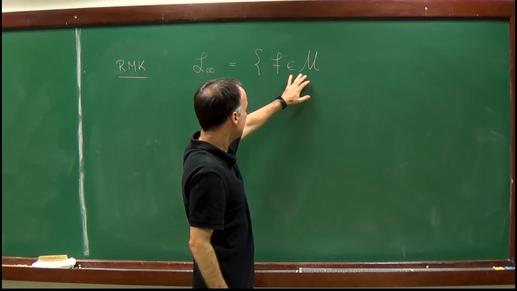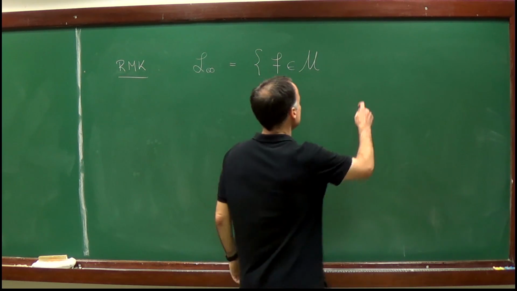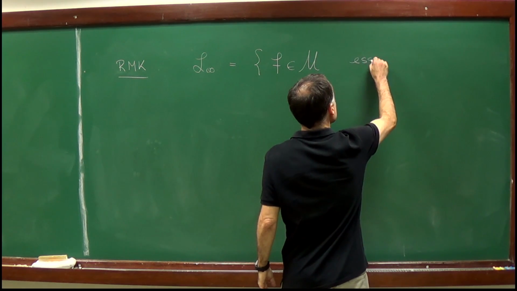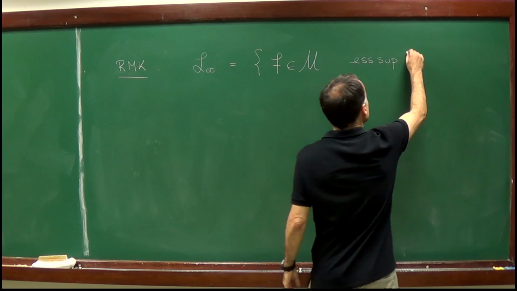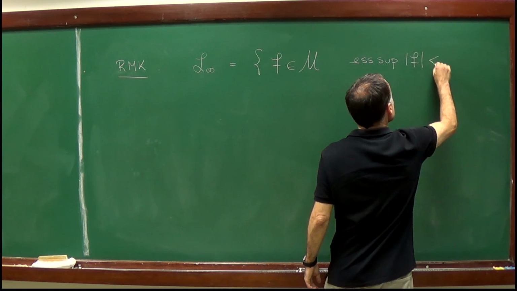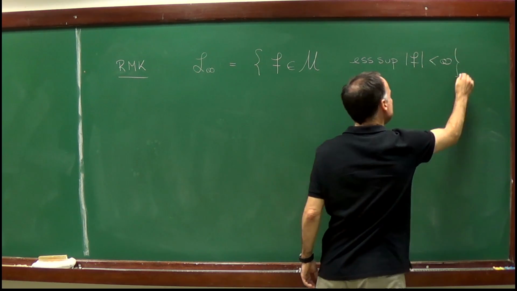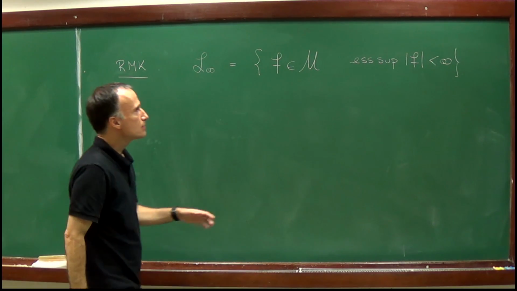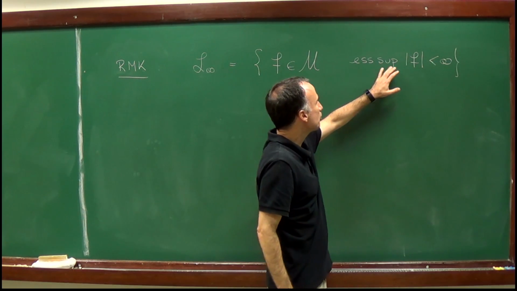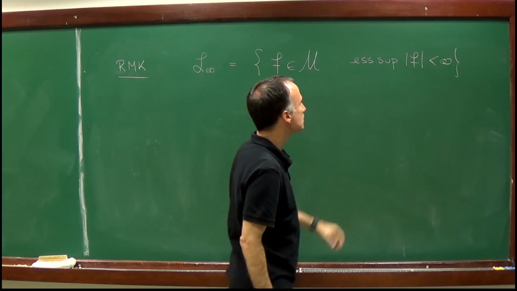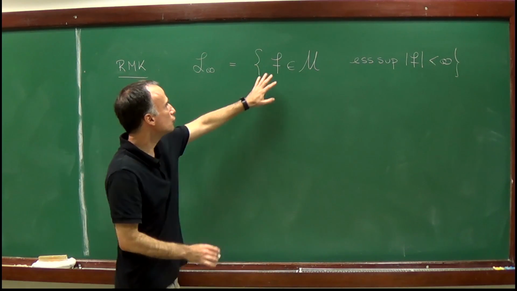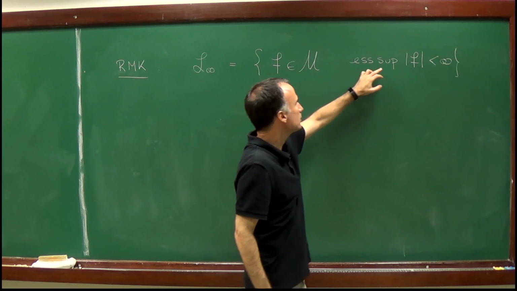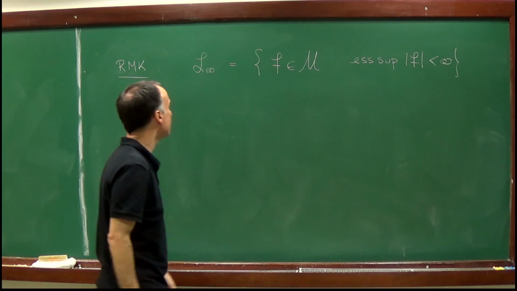So I'm taking all equivalence classes such that the essential supremum of f is bounded. We have seen that the essential supremum is a property of the class, so this is well defined. If I take two different elements here, their essential supremums are the same.